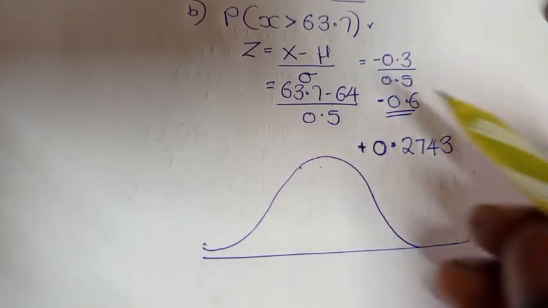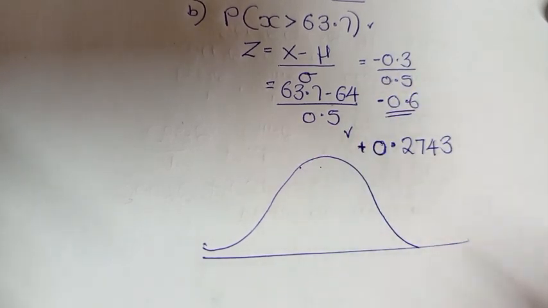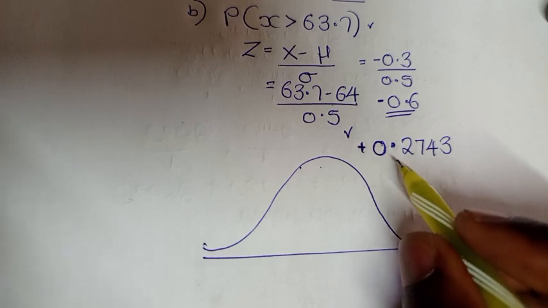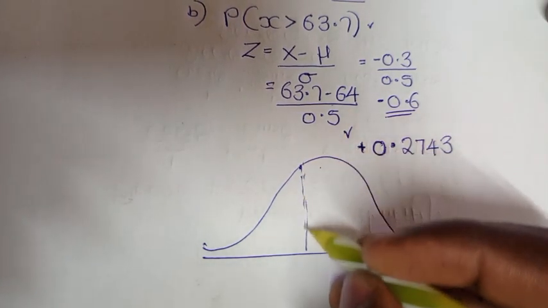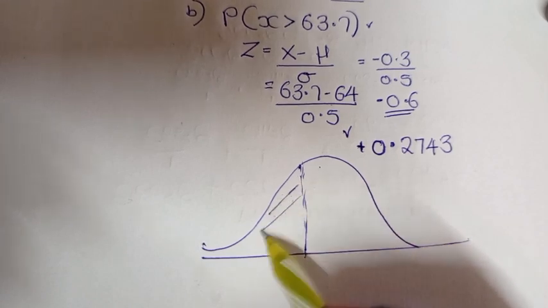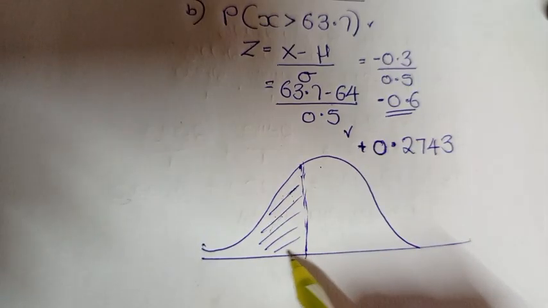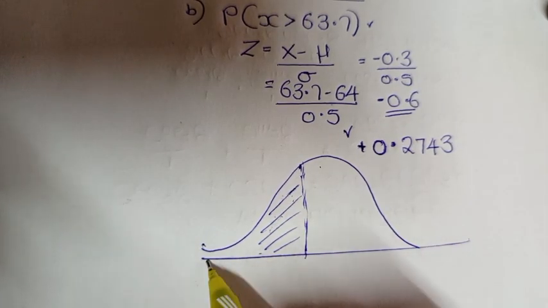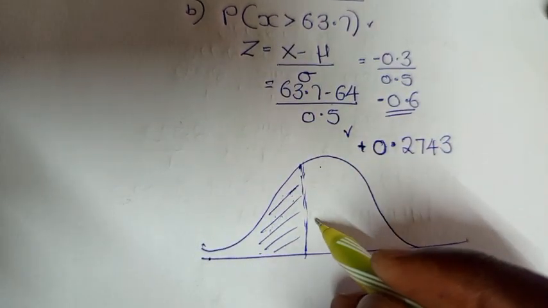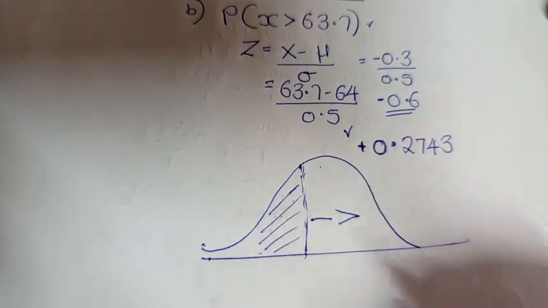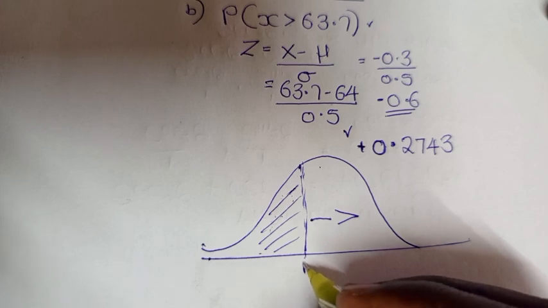When we use this particular distribution table to get this 0.2743, the values are always this side, and on this side we know these values are less, but they want values that are greater. So values that are greater are on that side, and we know for sure that every probability is 1.